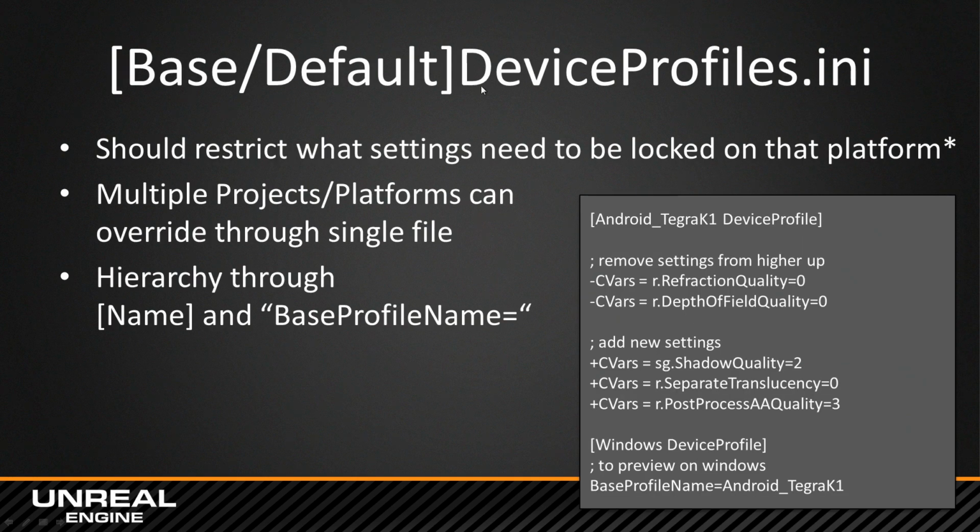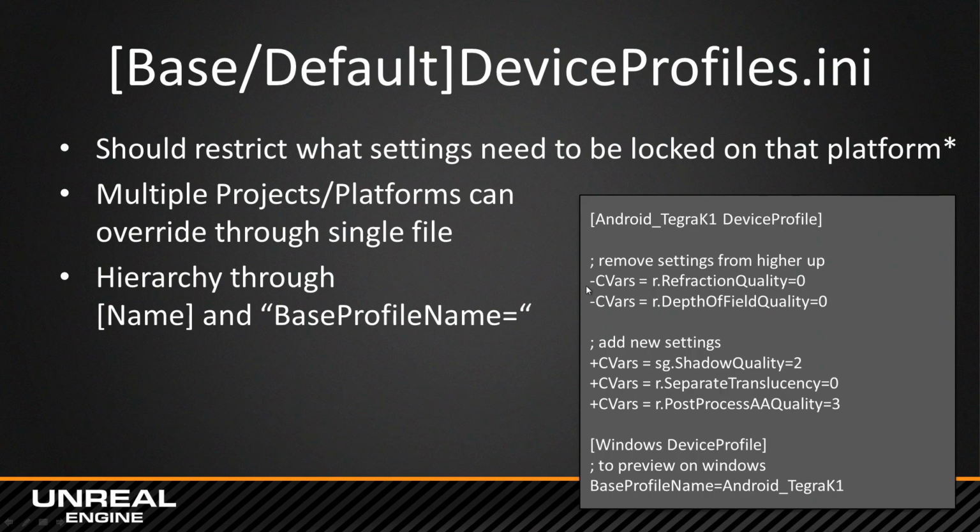In, for example, base device profiles, you can make per platform specific decisions about certain settings being on or off. Syntax is slightly different here. You put in plus cvar equal and then the name of the console variable equal and then the value that you want to set.